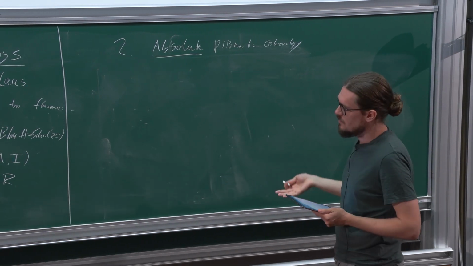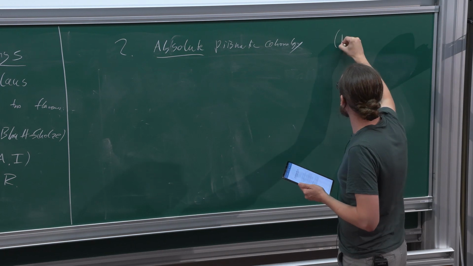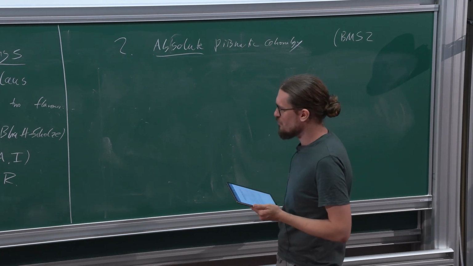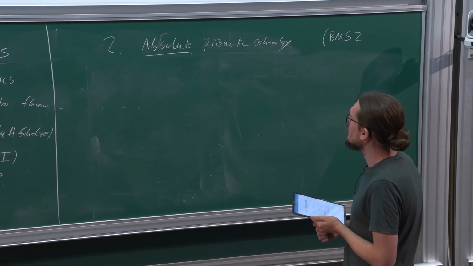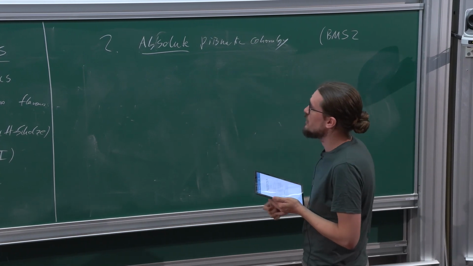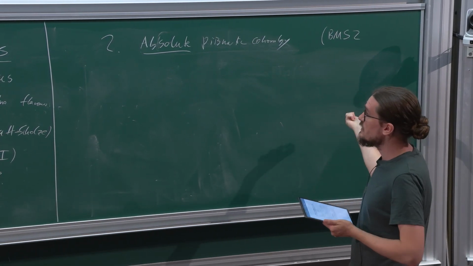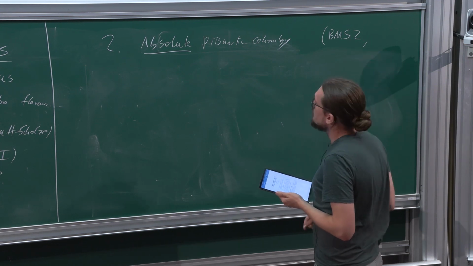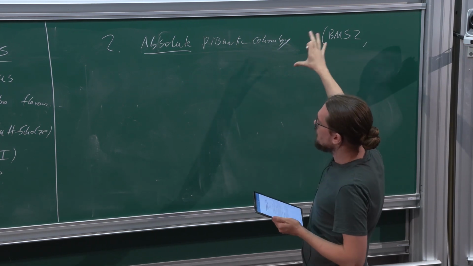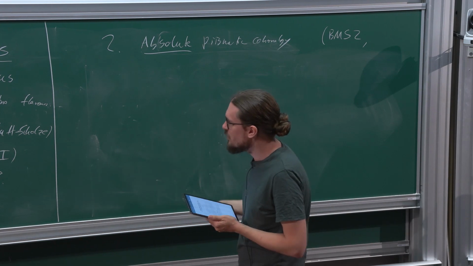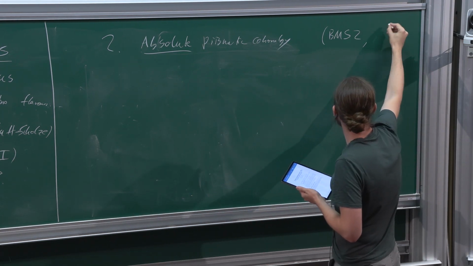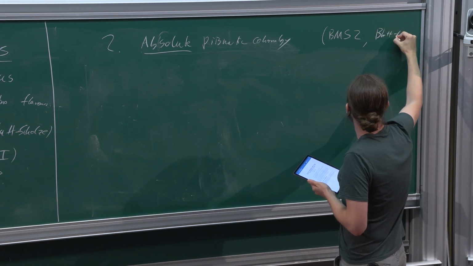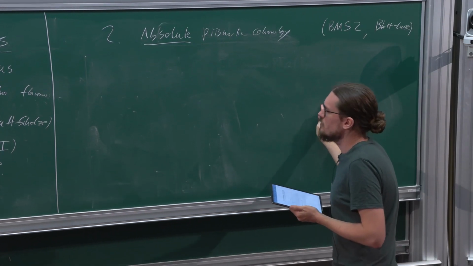And this is coming out of work by Bhatt, Morrow, Scholze. This is the paper commonly referred to as BMS2, where they construct this theory out of a relationship to variants of THH that I'm going to talk about in a second. And so that's originating in homotopy theory, but of course it also has been recast in a purely algebraic definition by Bhatt-Lurie in their absolute prismatic cohomology paper.